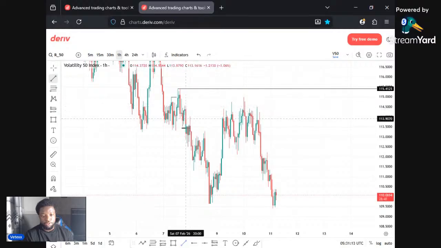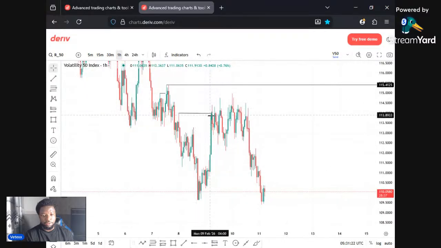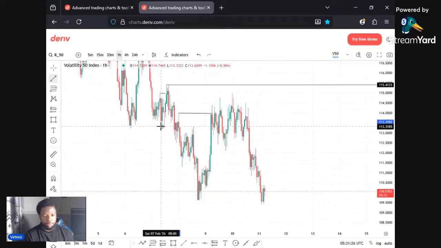So this is the structural liquidity that price gives us. Now you see price take it out. So this is our sweep of liquidity, first sweep of liquidity, and then we have our second sweep of liquidity, which is here.